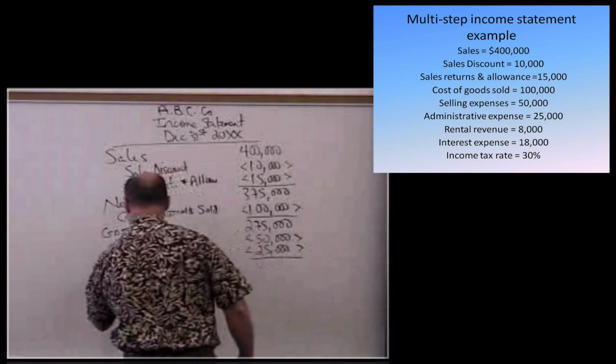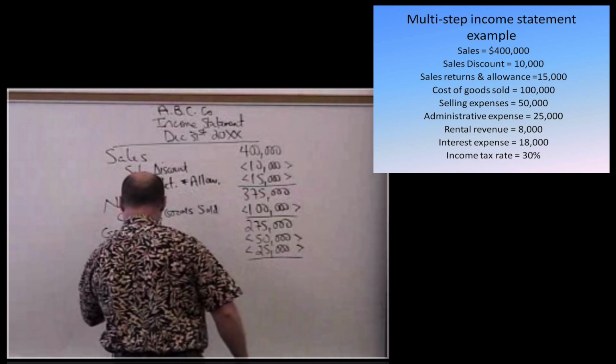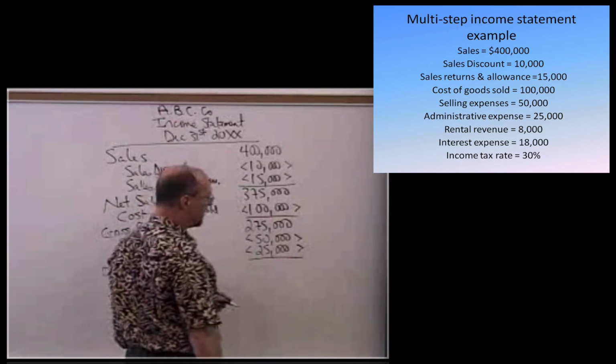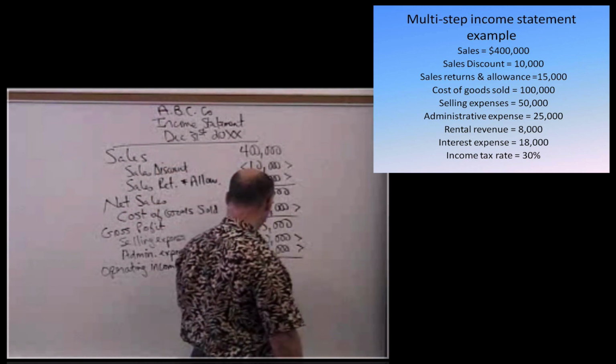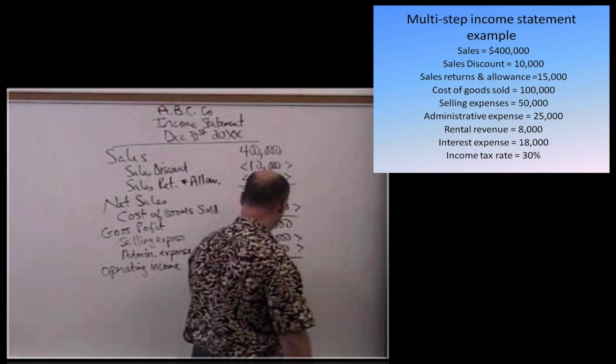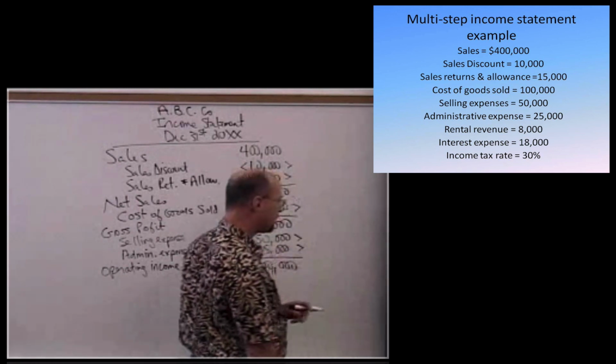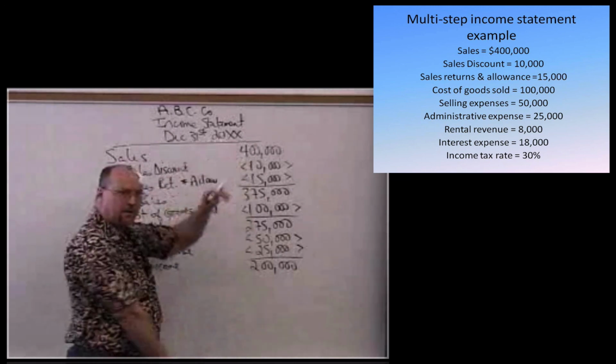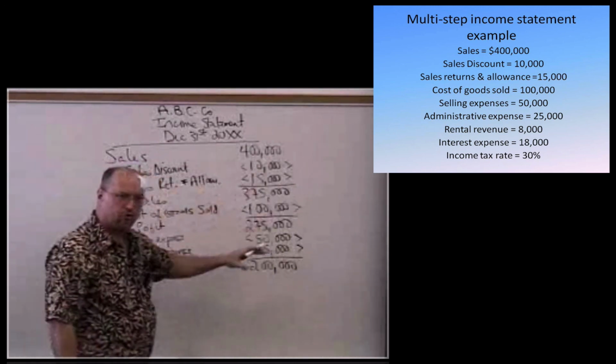And this is going to give me operating income, also called income from operations. Okay, and that would be $200,000. This is my primary business, the most important part of my income statement. This is my central operations.